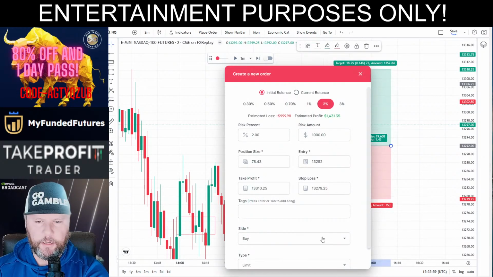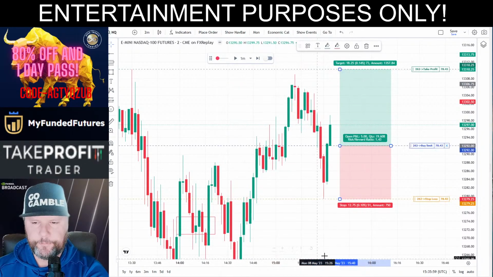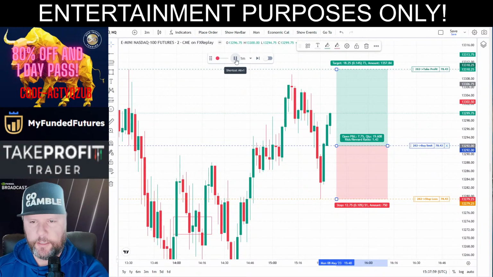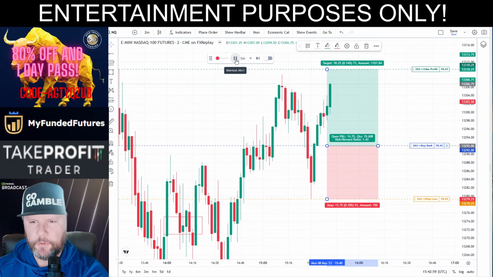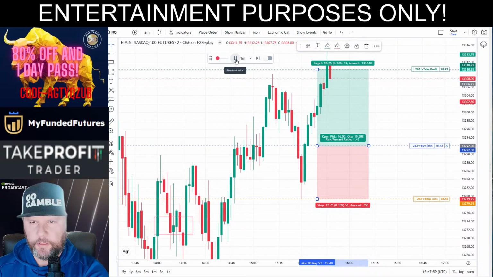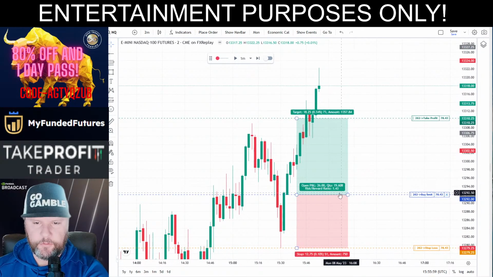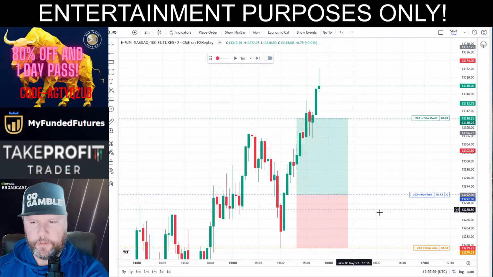Let's give it a try. Limit. Let's see if we get tagged in. We may not. Like I said, we are close to the end of the day there, so yeah, there's the end of the day. Just goes without us. Never got tagged in there.